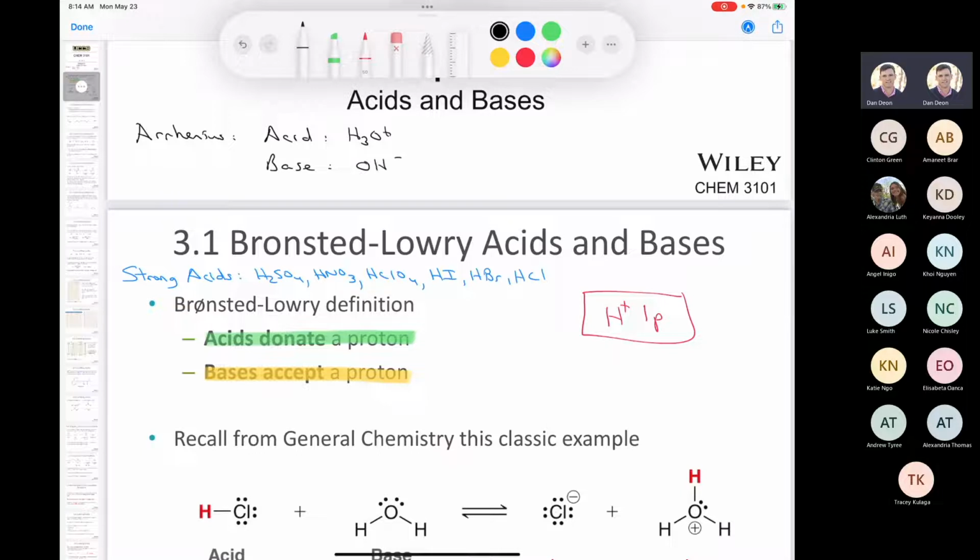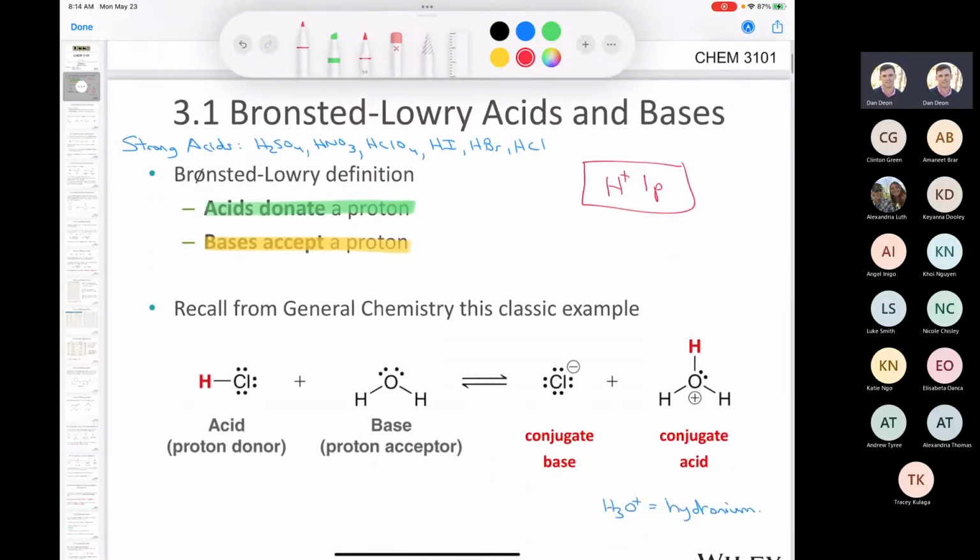Again, that's historical. That was the first definition of an acid and a base. Of course, the problem with this is if you take something like ammonia, ammonia doesn't have hydroxide in it, like sodium hydroxide or lithium hydroxide. That is why Bronsted and Lowry had to broaden the definition of what an acid and a base is.